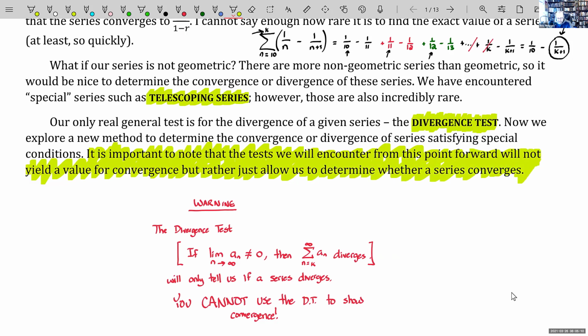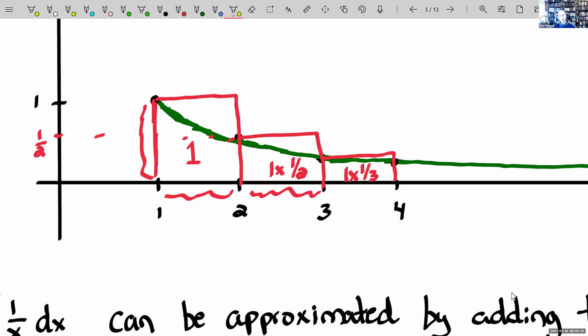So this will not say what the series will converge to. It'll just tell us that it converges, mainly because of the area underneath the boxes, if you think of it that way, because that's really what happens when you're using the integral test, is you're creating these boxes.